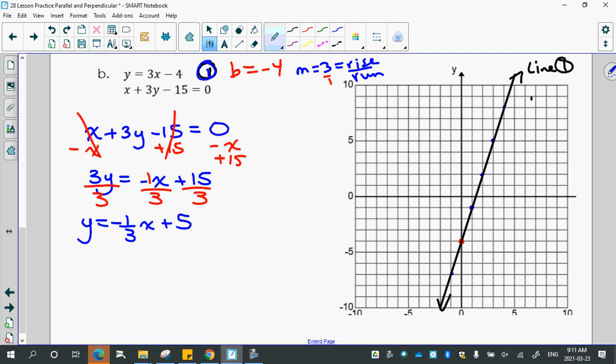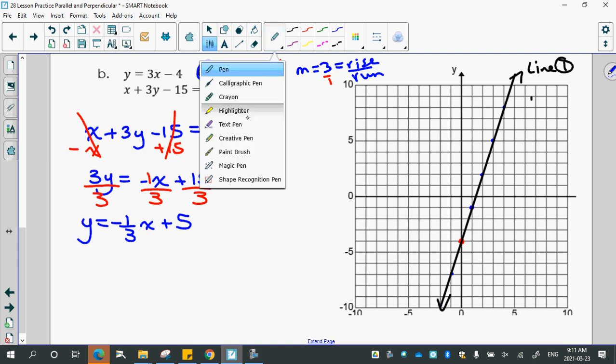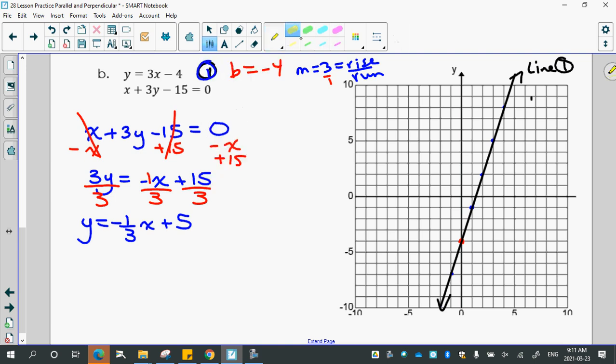Did you rearrange it properly? Yes? So looking at these slopes, 3 and negative 1/3, perpendicular, rise and run are opposite and they're opposite signs, right? So when I draw this, I'm expecting it to look like it meets at 90 degrees. So I'm going to plot my y-intercept, which is 5.